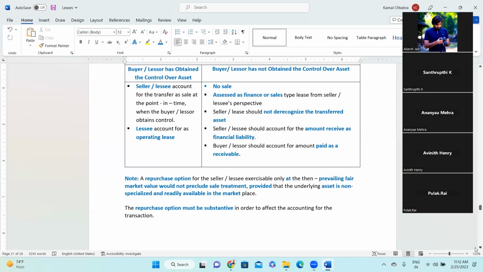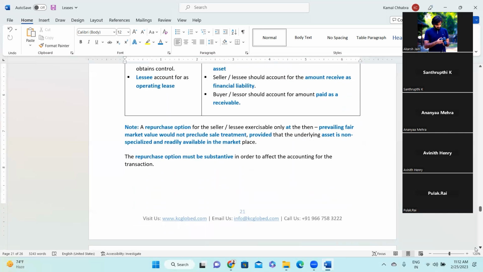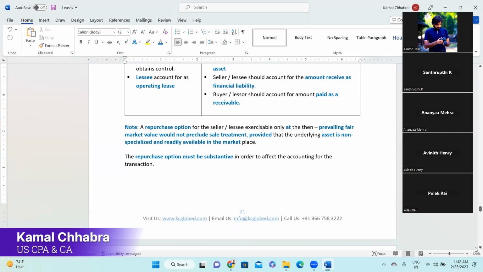Okay, so look at the note below. A repurchase option for a seller or lessee, exercisable only at the end at the then prevailing fair market value, would not be precluded from the sales treatment, provided that the underlying asset is non-specialized and readily available in the market.